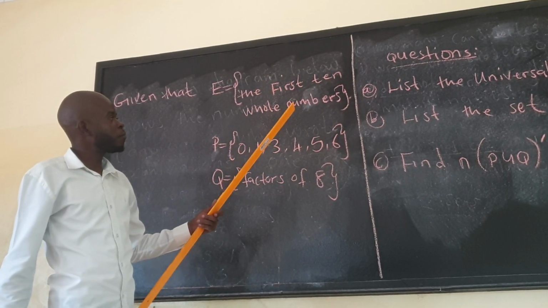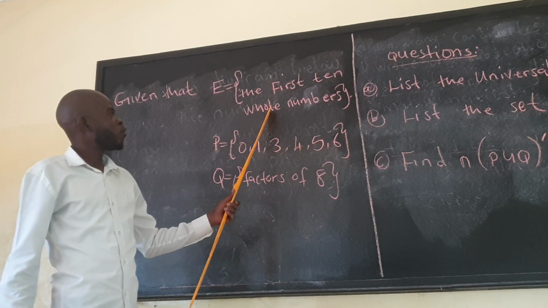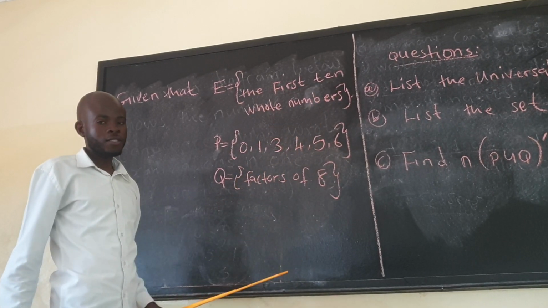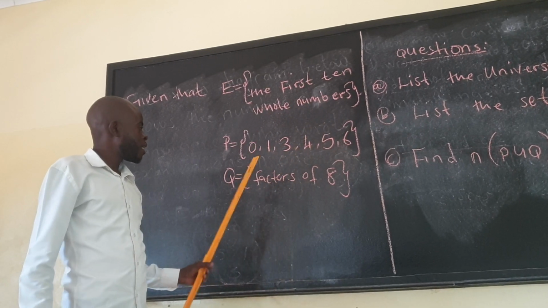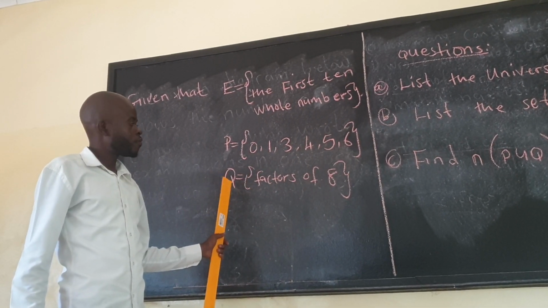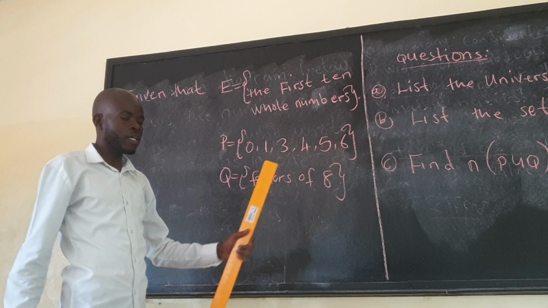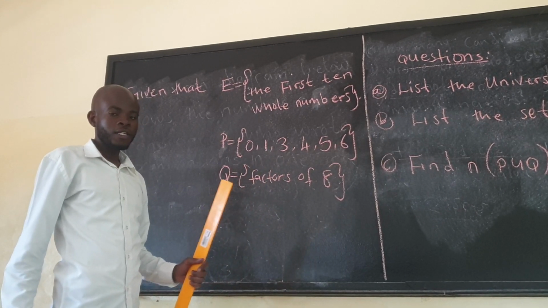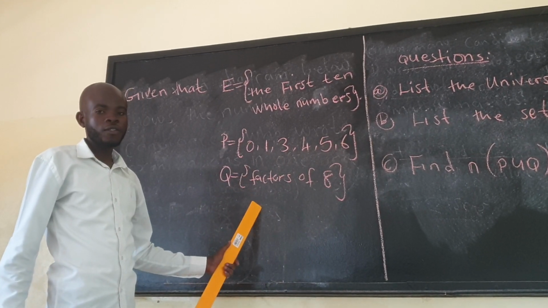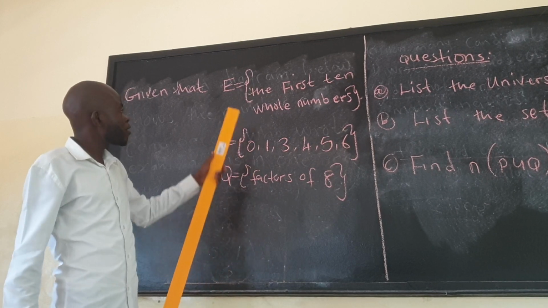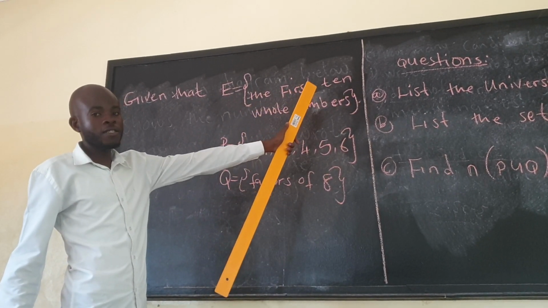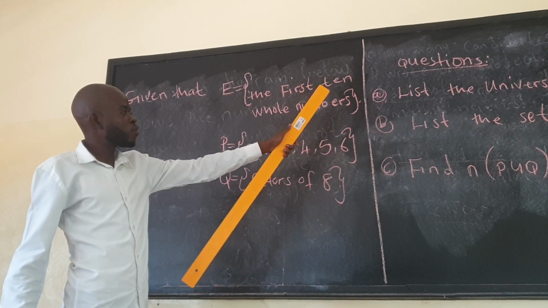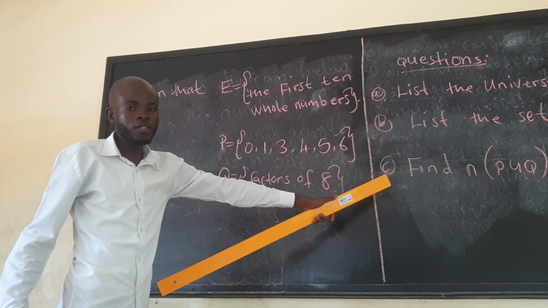But it is up to us to understand what whole numbers are. Same applies to Q. If you don't know what factors of 8 are, then you are going to fail this question. In fact, starting from E, if you write wrong things as the universal set, all the 3 questions you are going to fail.